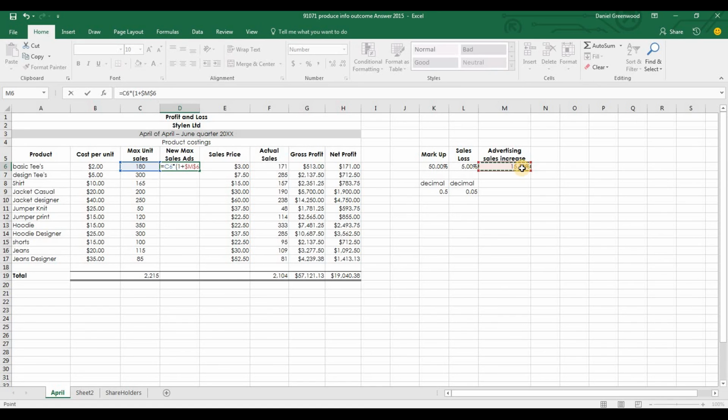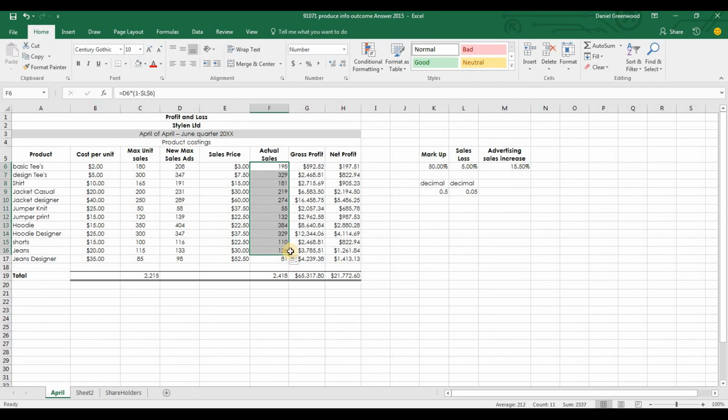It's the same process we've done before. Equals that. There we go. And so our actual sales is not going to refer to that, but refer to that row. There we go. See, all these figures have changed. Oops, I didn't drag it all the way down. There we go. So yeah, so there's basically the whole sheet pretty much done for 1 month.